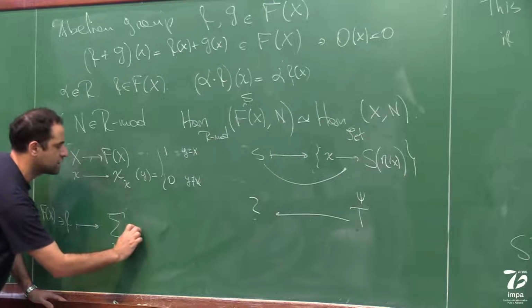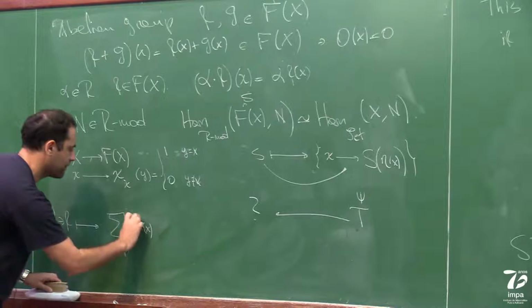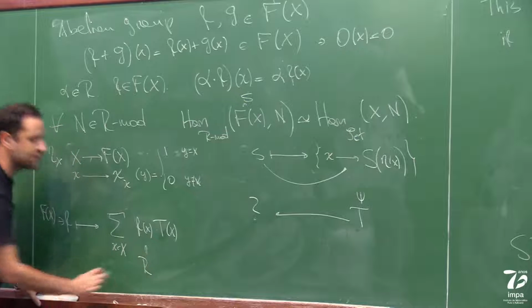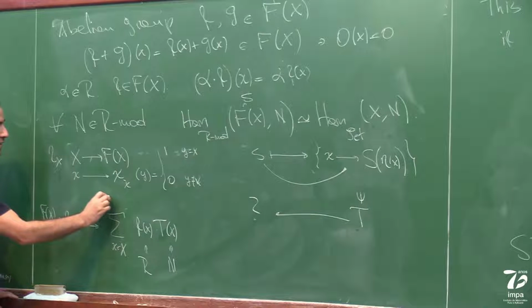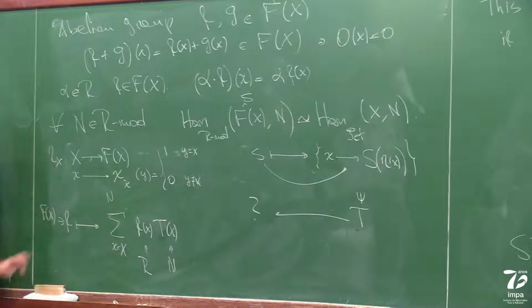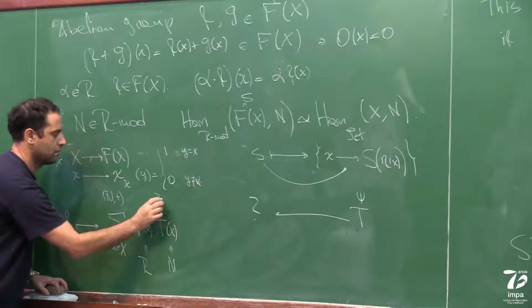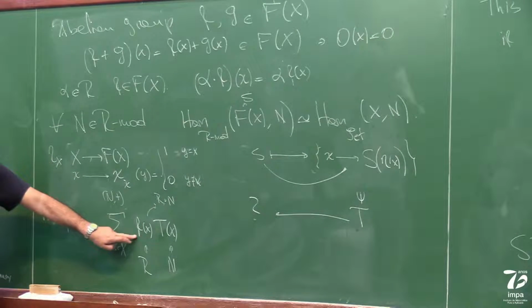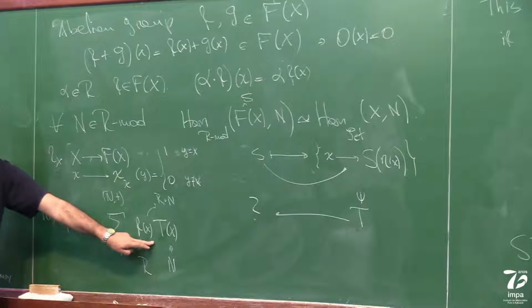But what I can do is take f of x, which is an element in the ring, and multiply it by T of x, which is an element in N. The sum is using the addition in the R-module N, and the multiplication is using the action in the R-module N. The sum is well defined because f is supported in finitely many x. For all but finitely many x, this thing is 0, so this is a finite sum.